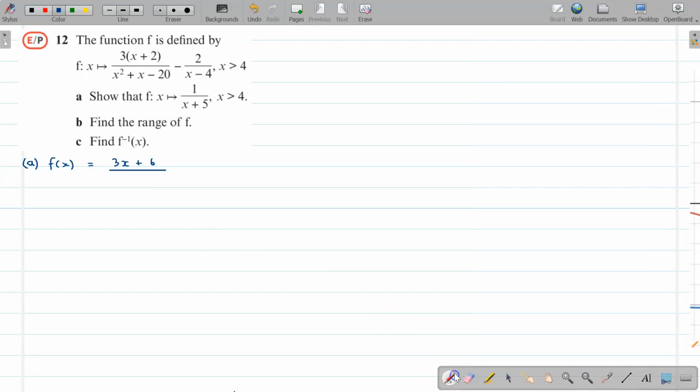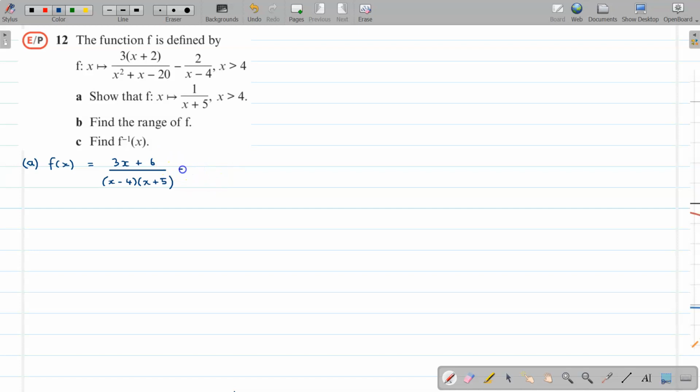So it's going to be x minus 4 and x plus 5. Okay, so that's the first part.